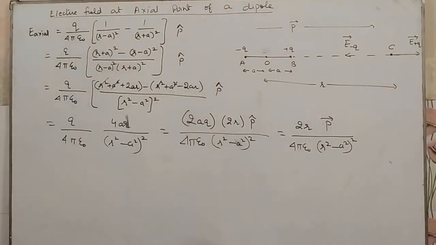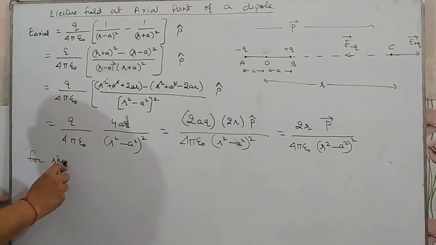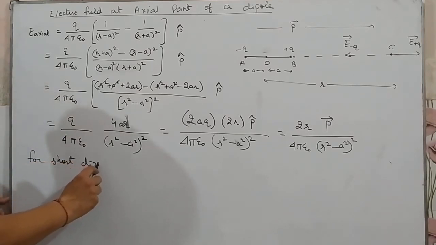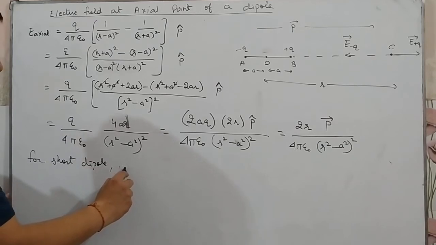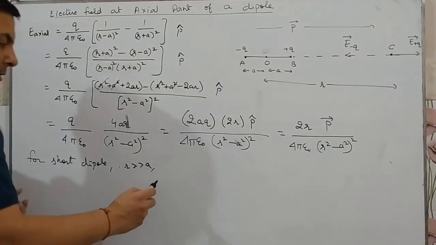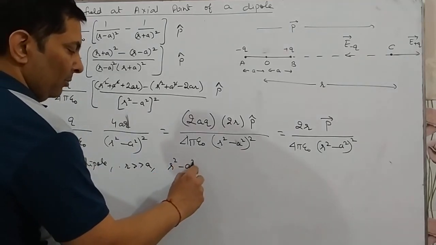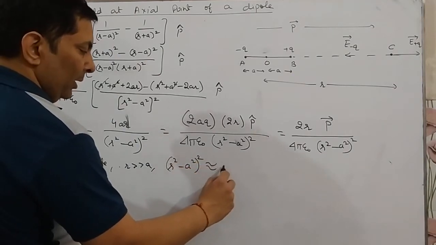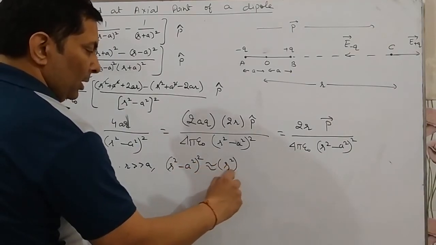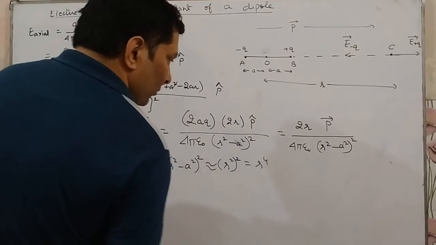Okay. Now for short dipoles, so for the ideal dipoles, r is much greater than a. So r square minus a square can be nearly written as r square, which gives r to the power 4.